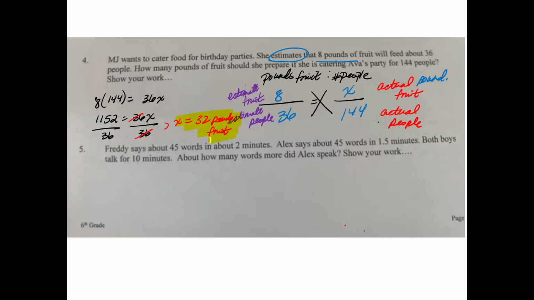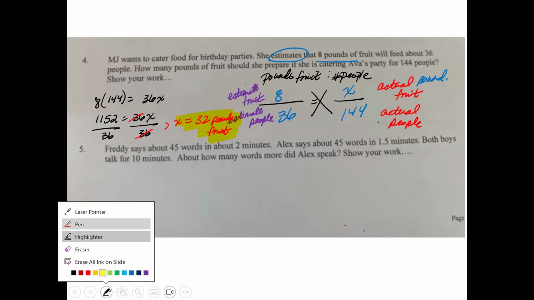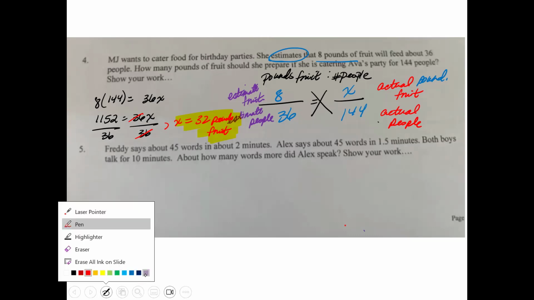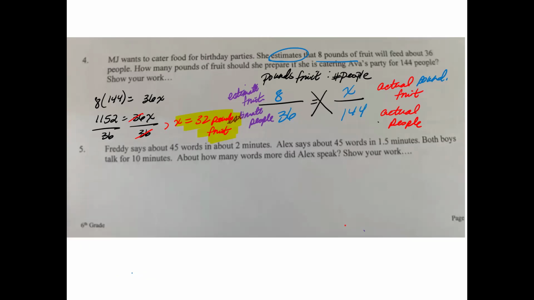Brady says about 45 words in 2 minutes. Alex says about 45 words in 1.5 minutes. Both boys talk for 10 minutes. How many words did Alex speak? Show your work. Okay, so what are the two things we're looking for? Like the last one was pounds of fruit and people. What are we looking for this time? I'm not asking about Alex.